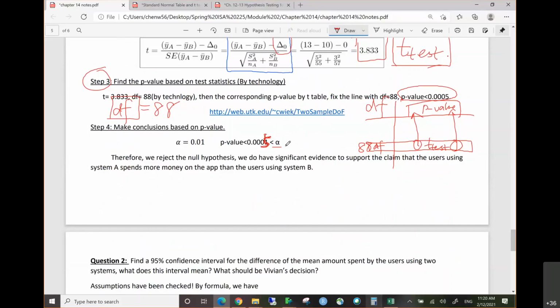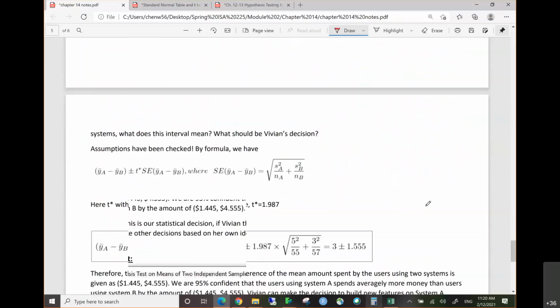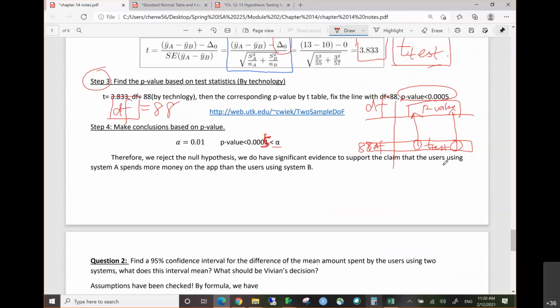Our claim is that mu A is larger than mu B. So that will be our conclusion: we have enough evidence to support that the users using system A spend more money on the app than the users using system B. So let's expand on what this means in real practice.